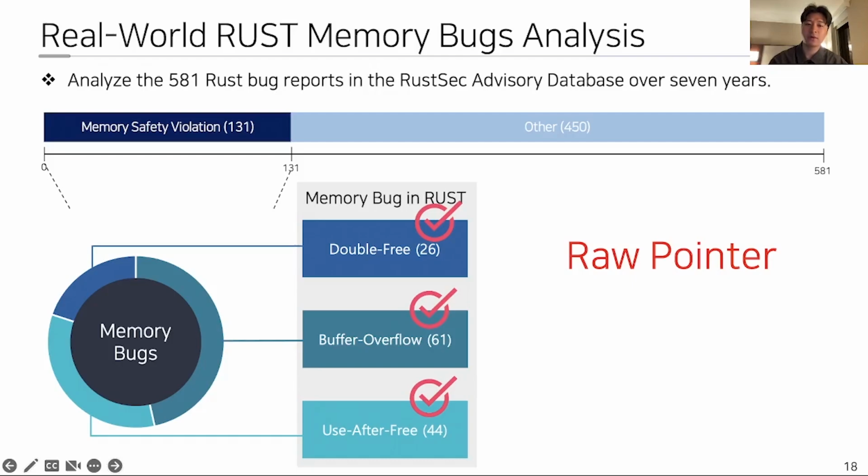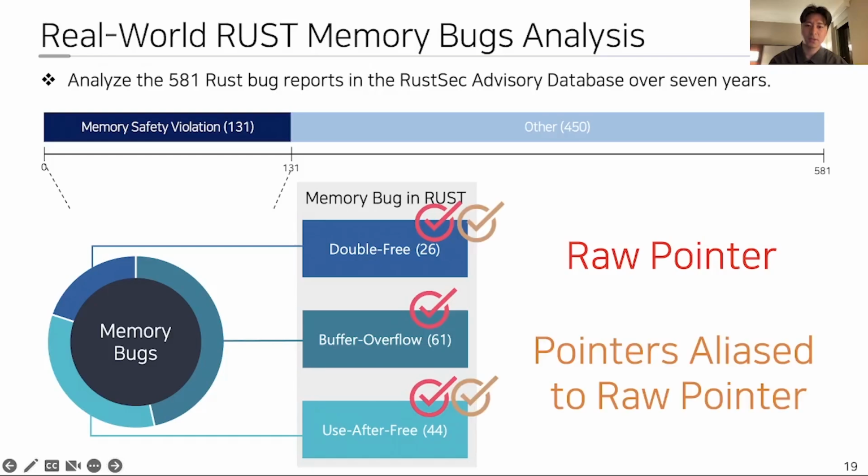Consequently, we found that all memory bugs are related to incorrect memory access through a raw pointer. Here, a raw pointer is a pointer that can point to any memory site without consideration of Rust safety rules. Also, pointers aliasing a raw pointer can cause memory bugs when it comes to temporal memory bugs. The reason why alias pointers of raw pointers can trigger temporal safety bugs will be discussed later.